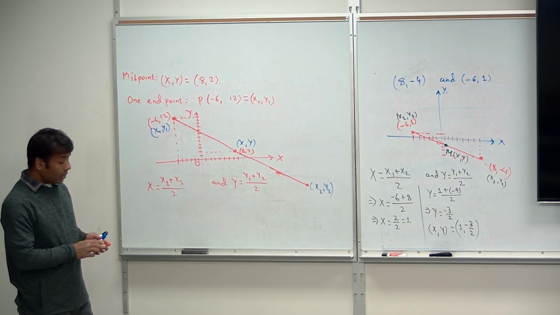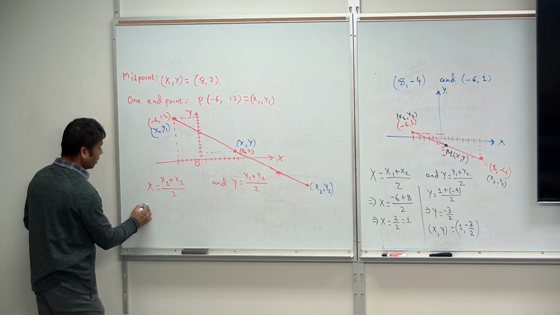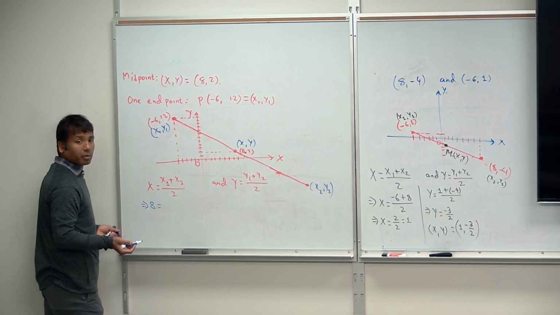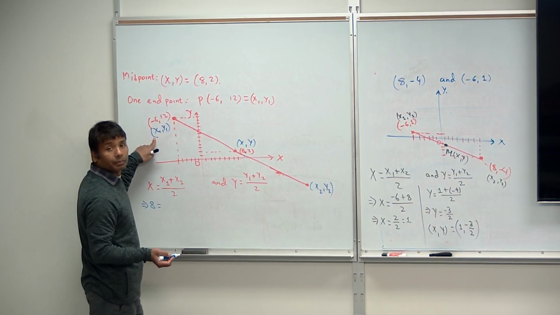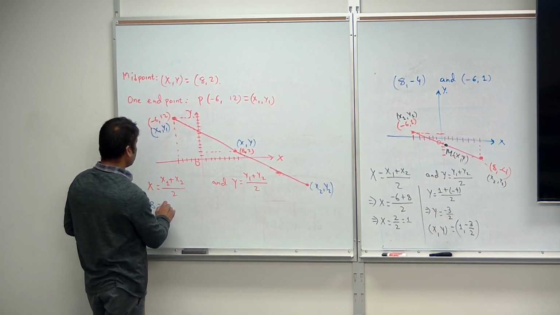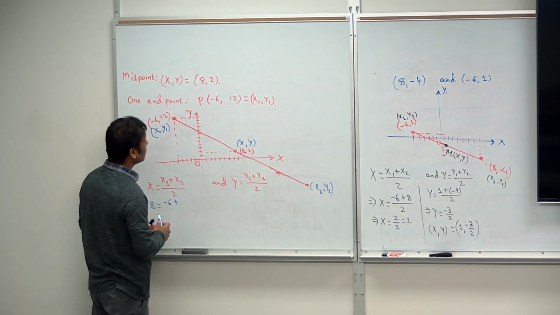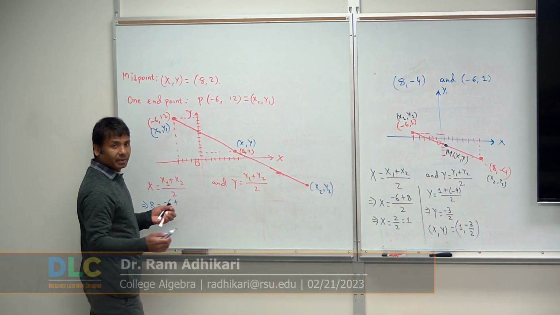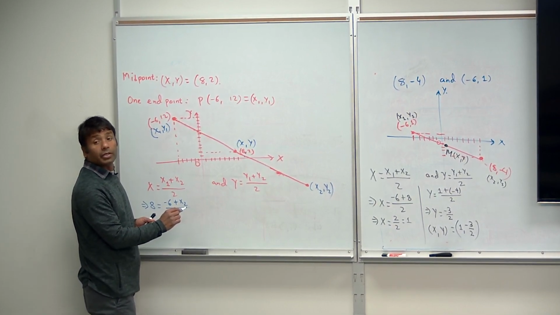Good? Now we know the value of x, which is 8. You plug it in. What is the value of x1? Negative 6. So x1 is negative 6 plus x2, which we need to find, over 2.